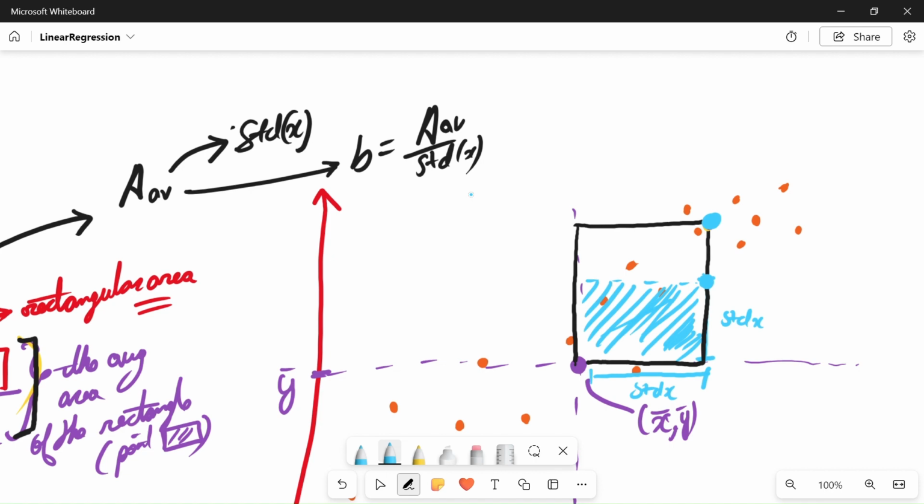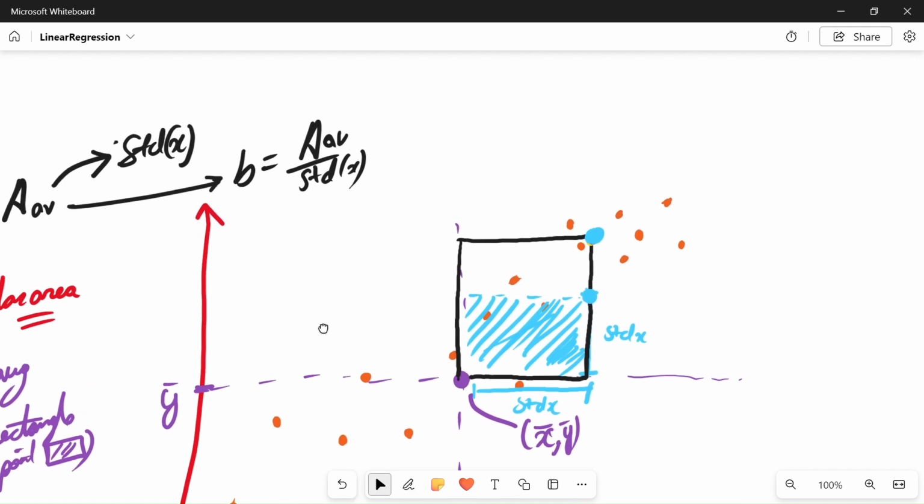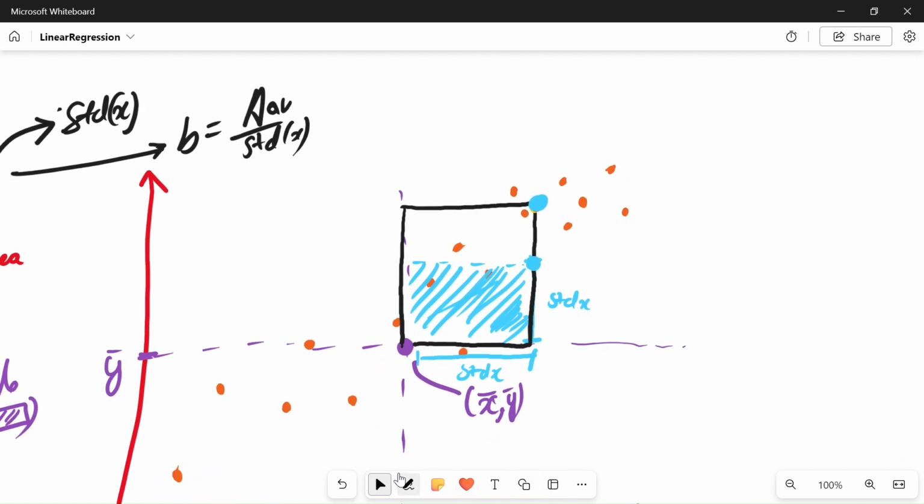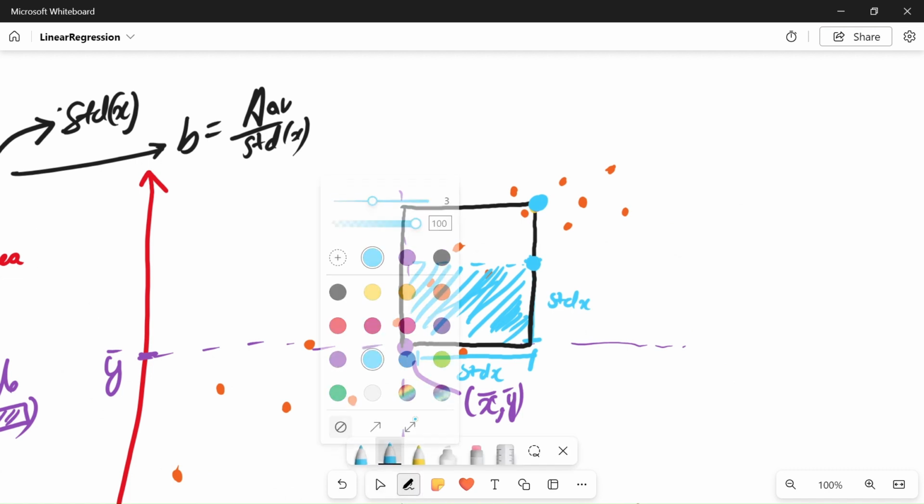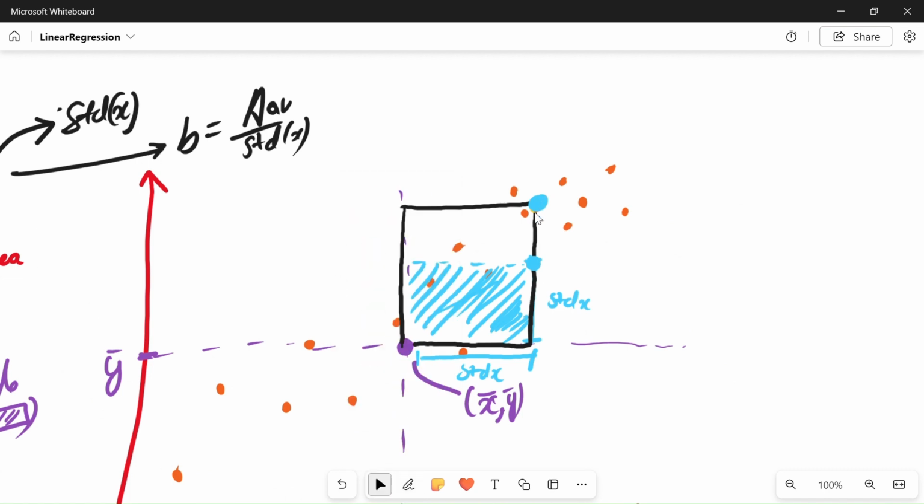The first perspective to analyze this, the formula of OLS, is what I call the intuitive perspective, and by that I mean imagine this point to be the point where your model currently is.